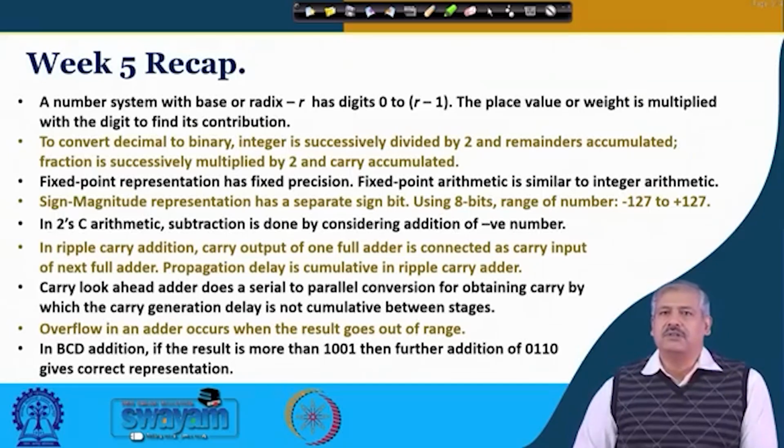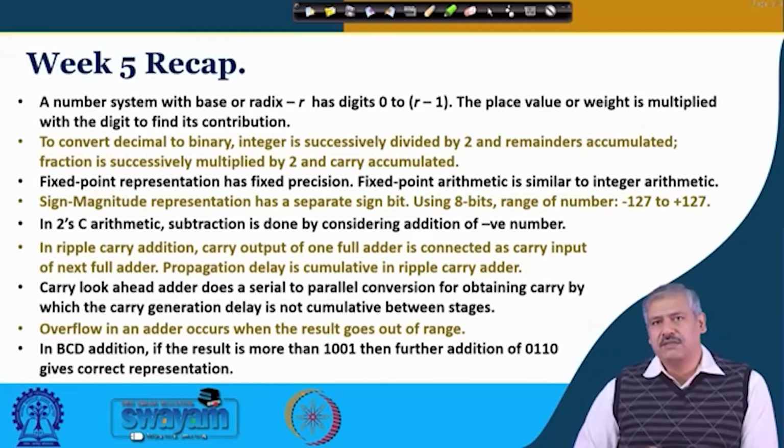And then to design circuits for addition and subtraction, we saw ripple carry addition and how we can convert a ripple carry adder to a subtractor. Okay. And then we discussed carry look ahead adder for fast addition, where the carry generation process was converted to parallel from serial by unrolling the iterative equation.